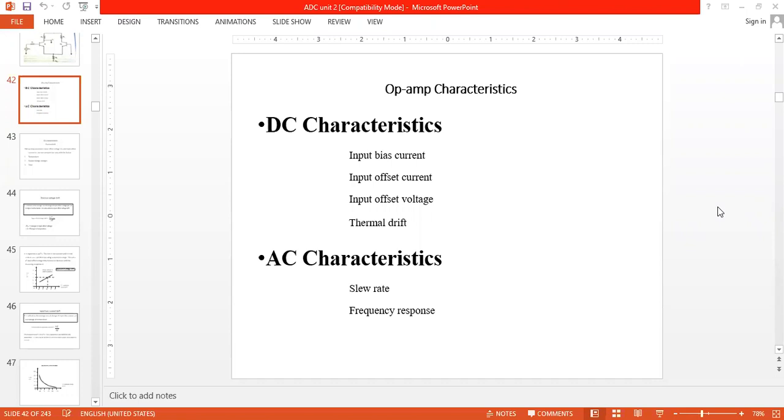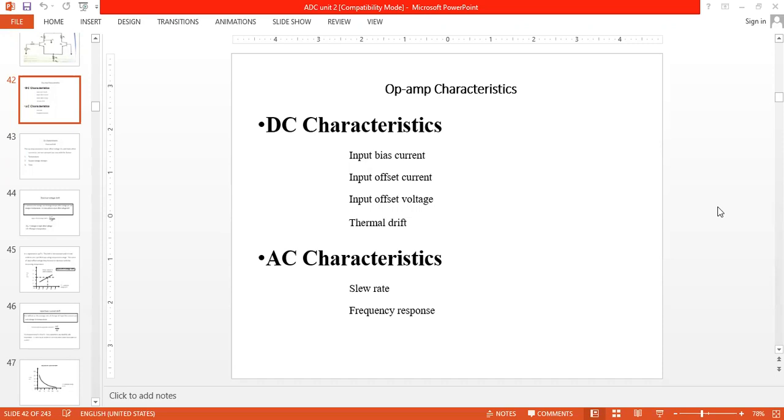Unit number 2, chapter 2. Last chapter we discussed what an op-amp is, what the ideal characteristics are, and what a differential amplifier and its types are. In this chapter we are going to discuss the AC and DC characteristics.